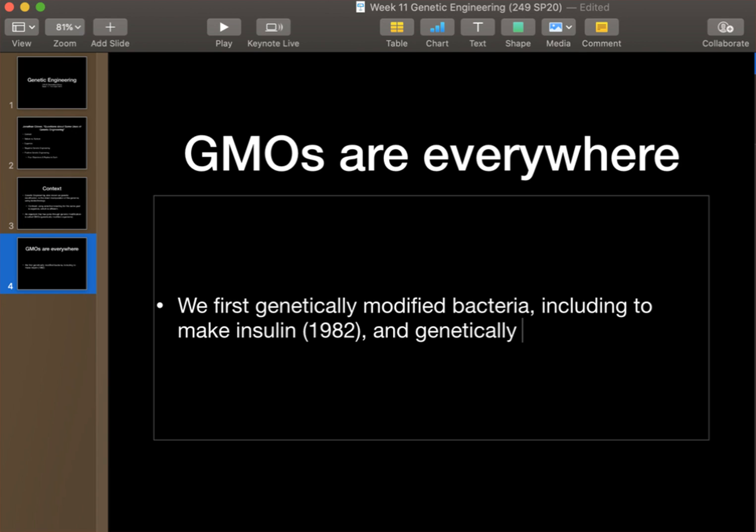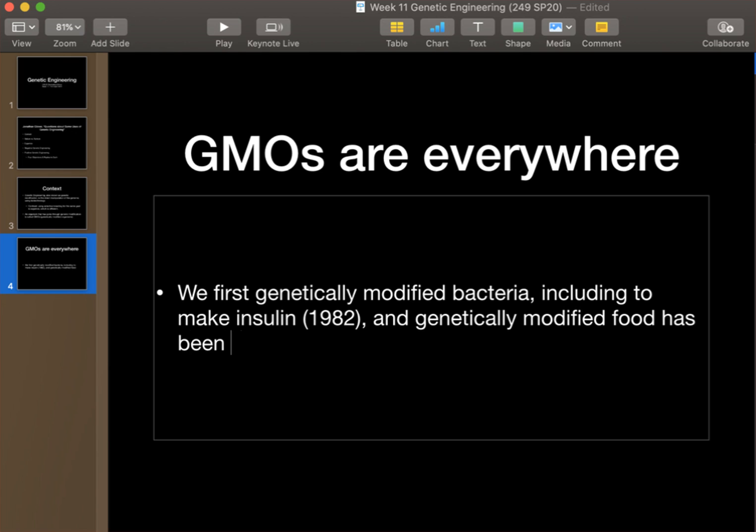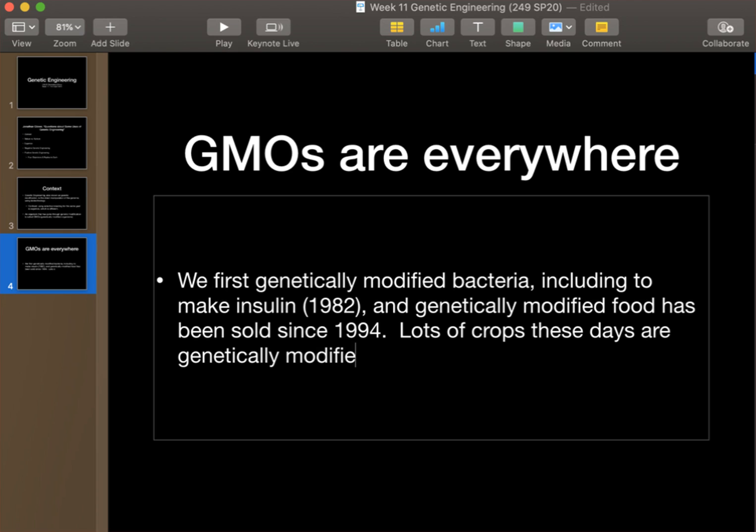And genetically modified food, like corn and so on, has been sold since 1994. Lots of crops these days are genetically modified in some way or another to make them hardier, to make their fruits more plump, to make them more resistant to bacteria, to make them grow more quickly, etc.